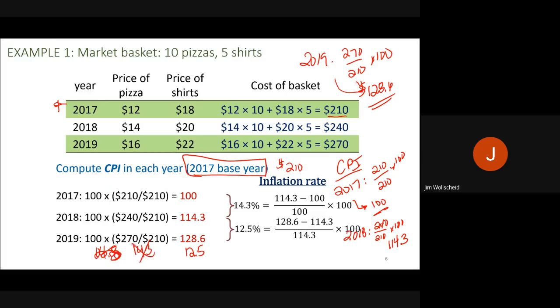I can tell you right now, if I was asking 2019, the choices would be 14.3, 28.6, 12.5, and then I don't know, I'd probably put out there 2.0. And I would ask you to find it. And the only proper answer is the one we use the formula to find, 12.5%.